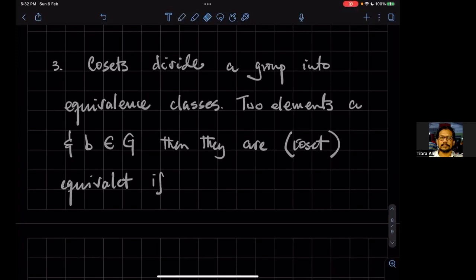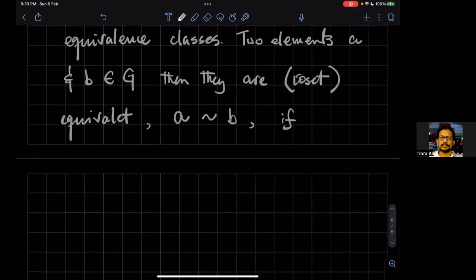We write A is equivalent to B if A can be written as B times H for some H in big H, right? Do you agree? Because that means A and B are in the same coset, right?